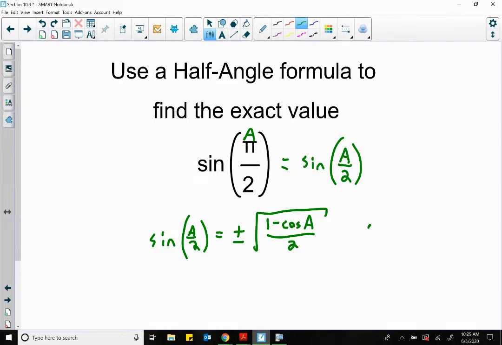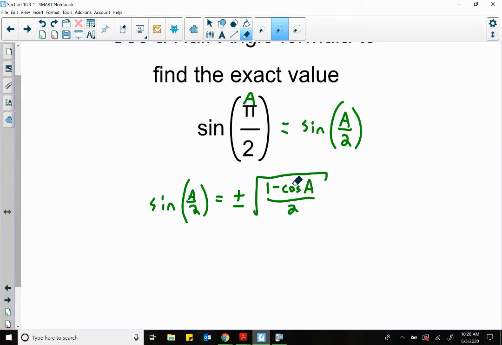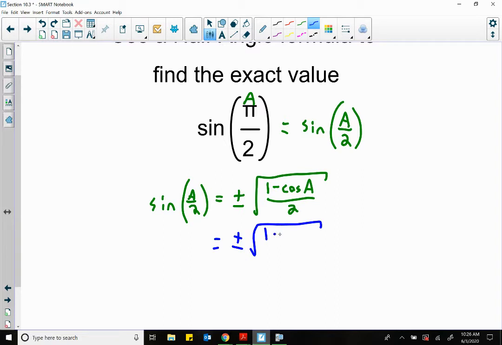Okay? All right. So our A value is pi. So what you're looking at then is plus or minus the square root of 1 minus cosine pi all over 2.